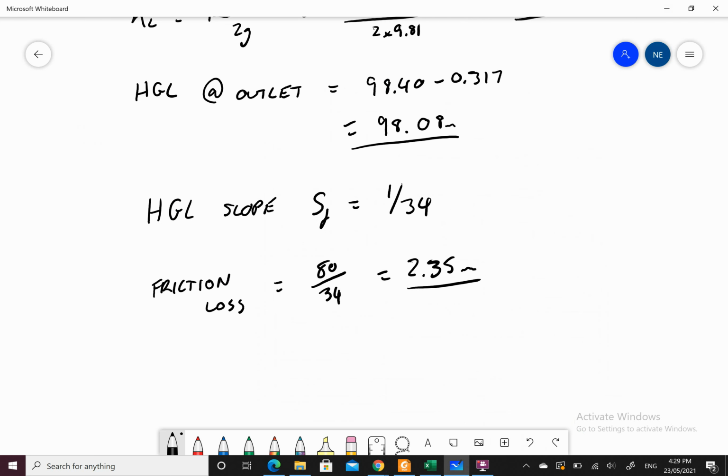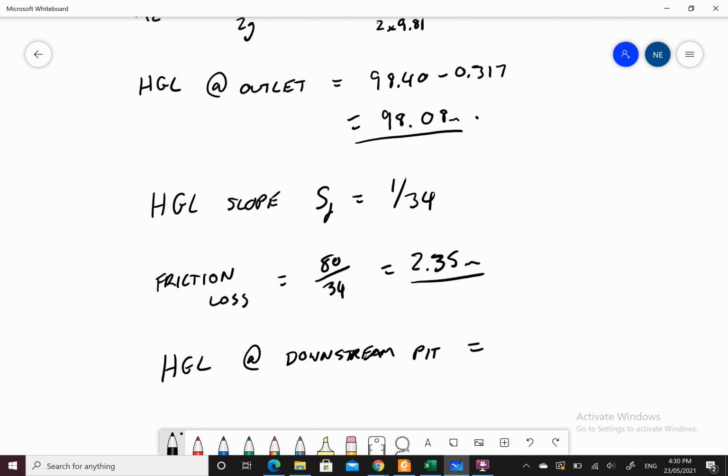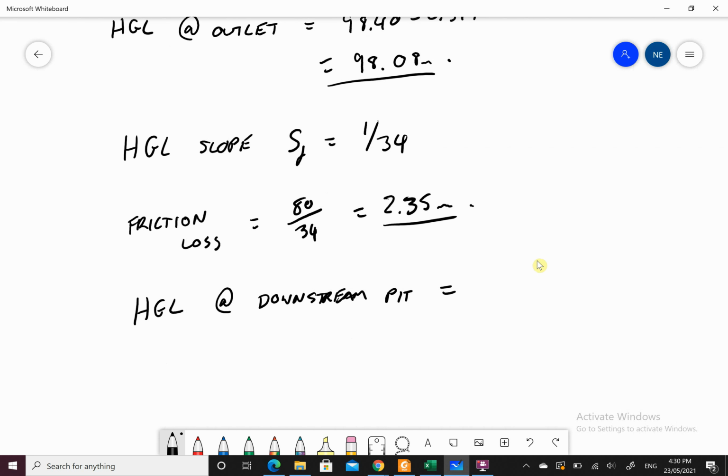Alright, so now what I can calculate is my hydraulic grade line at my downstream pit, or pit 3, is simply equal to my hydraulic grade line at my outlet, subtract losses, so 98.08, subtract 2.35, all in meters, and it gives me 95.73 meters.